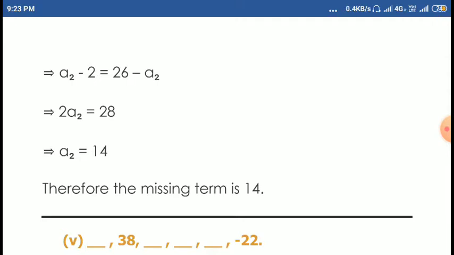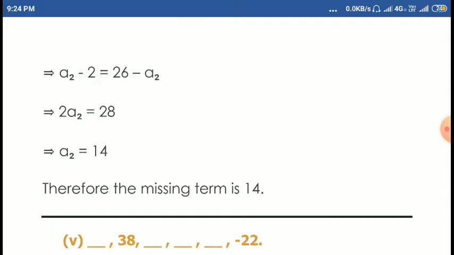Solving this equation, 2A2 is equal to 28, then A2 equals 14. I think you know how to solve a linear equation in one variable. So the missing term is 14.